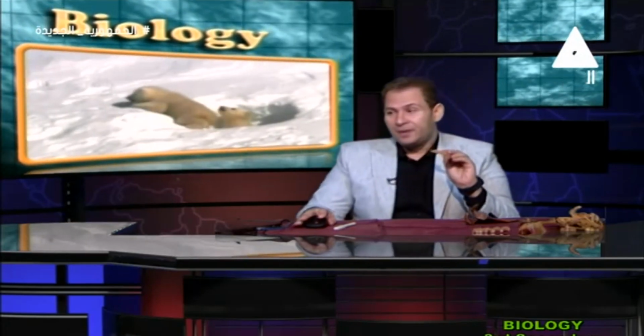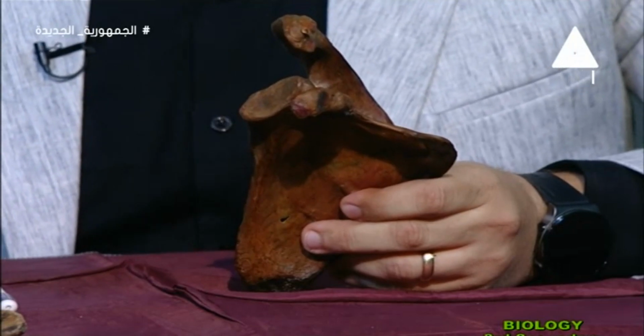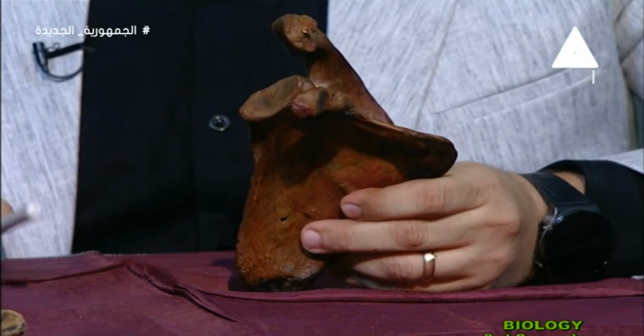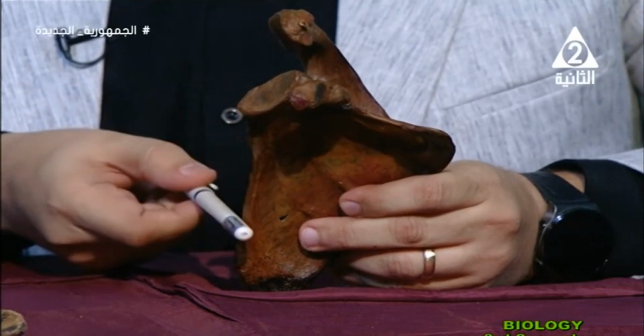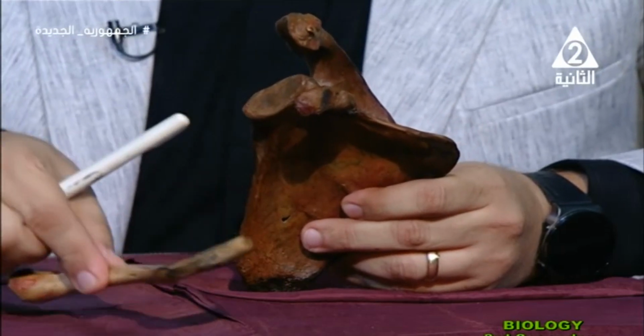If you remember, I told you that the pectoral girdle consists of two identical halves, and each half consists of a bone we call the scapula and another bone we call the clavicle. This is the scapula and this is the clavicle.